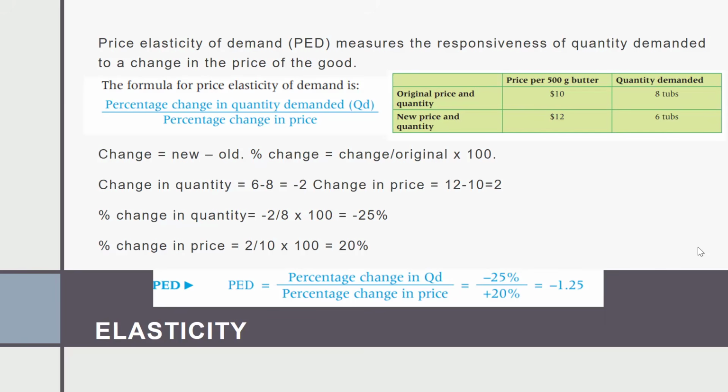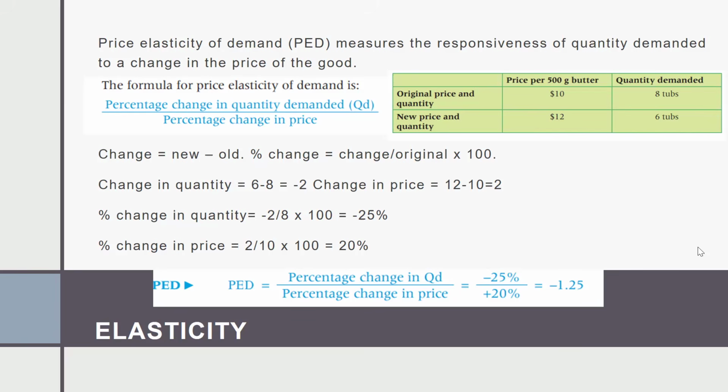So the fried chicken was elastic because a change by $1 changed how much people wanted to buy. If a change in price hardly affects demand, then we say it's inelastic. So the life-saving medicine was inelastic because people were still willing to buy it even though the price doubled.